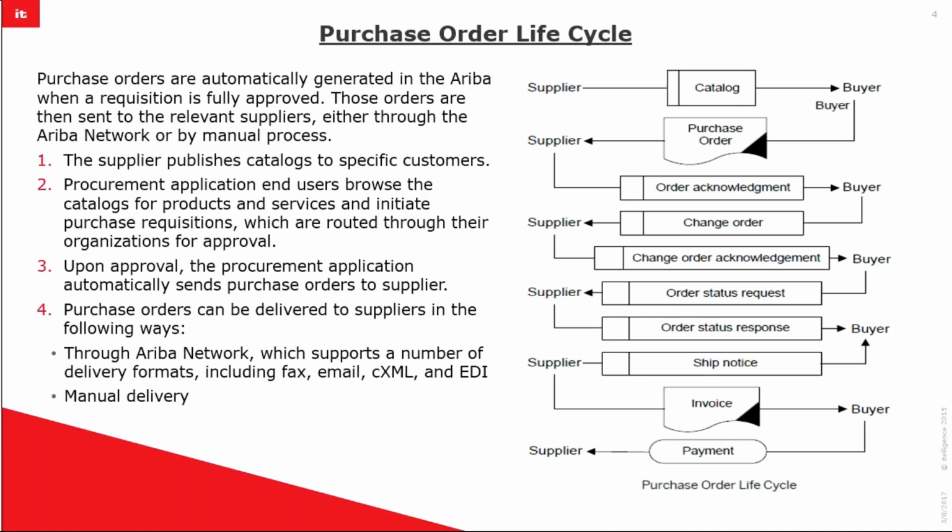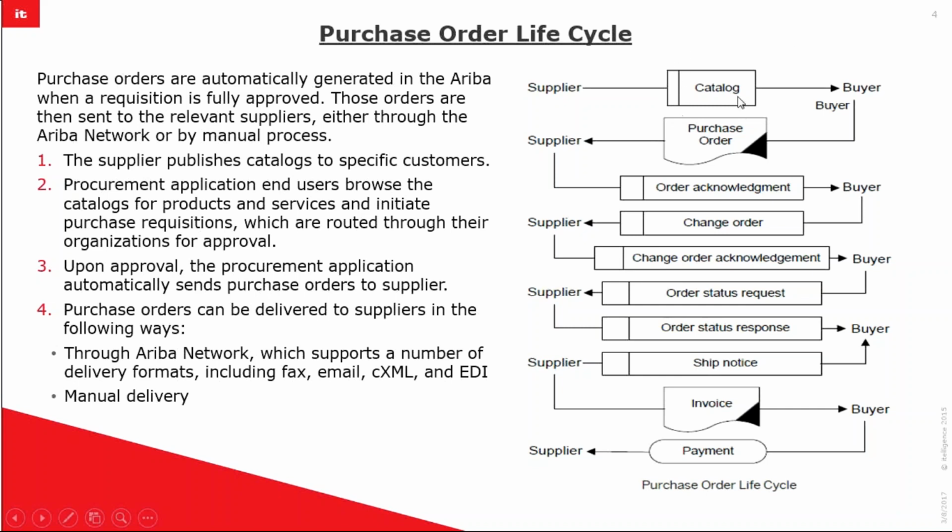Yeah. So this is the Ariba procurement cycle. It might look as simple as any other e-procurement cycle. It starts with a catalog, selecting a line item while creating a requisition. So the supplier can update his catalog in Ariba Network.